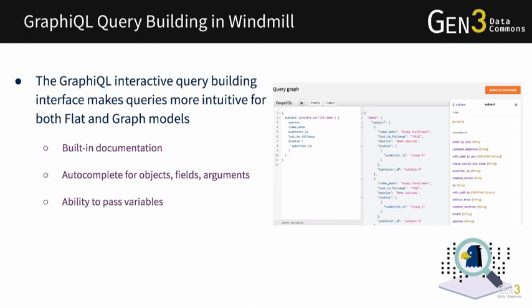This makes building queries more intuitive and supports both flat and graph model queries. We'll go a little bit more into detail about what the flat and graph models are, but graphical is neat because it has built-in documentation. It supports autocomplete for objects, fields, and arguments, and supports the ability to pass variables in your queries.